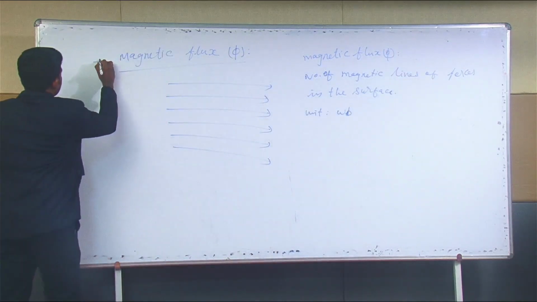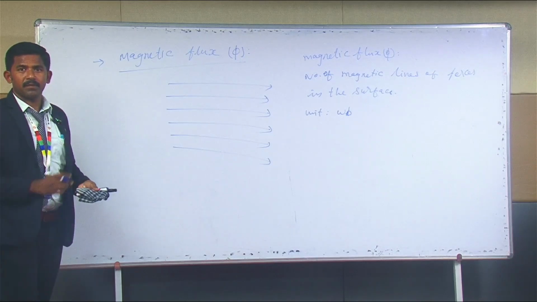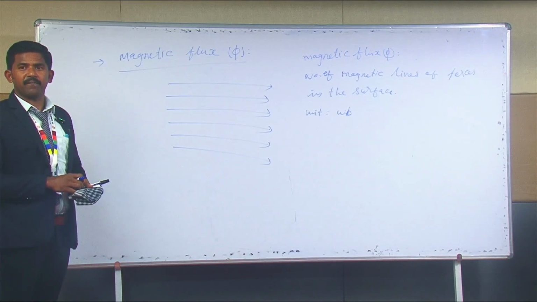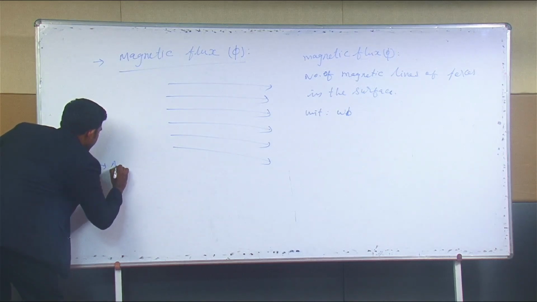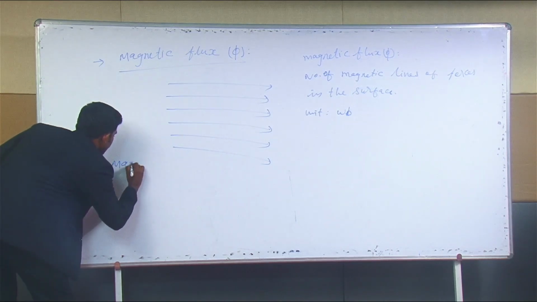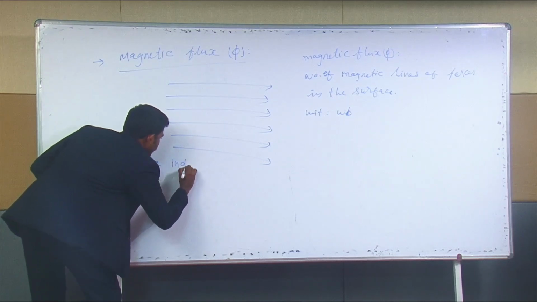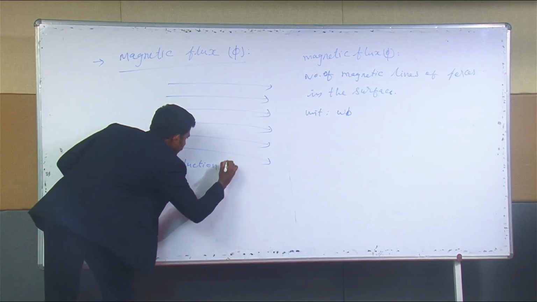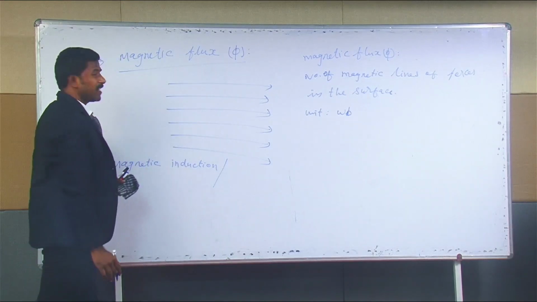Next we will see the magnetic flux intensity, or magnetic field intensity, or magnetic induction, or density of magnetic flux, or intensity of magnetic flux.